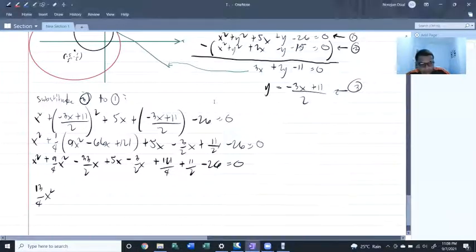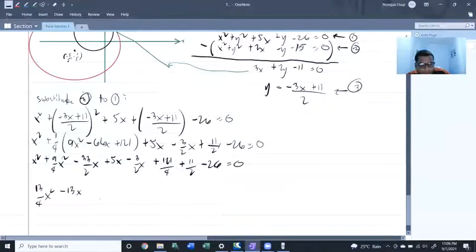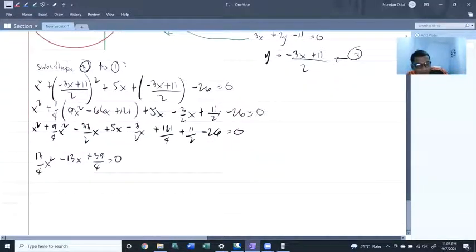negative 13x and over 4. So multiply both sides by 4.